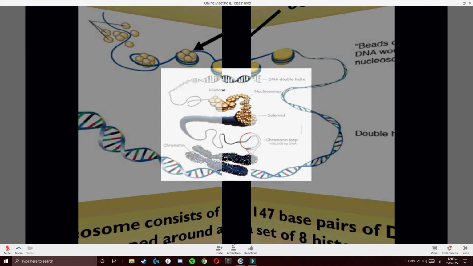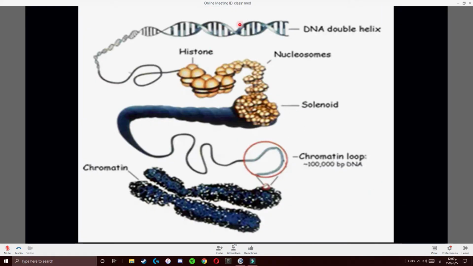The nucleosome is composed of double-stranded DNA helix and basic protein called histones.